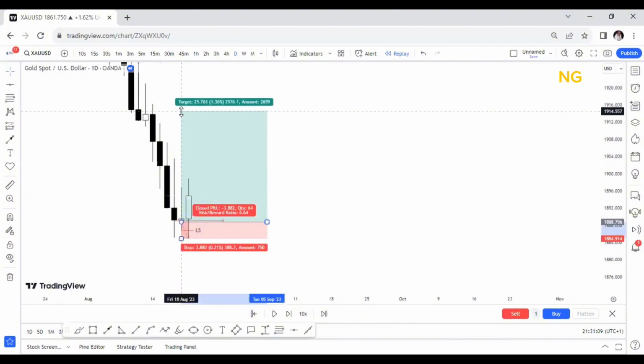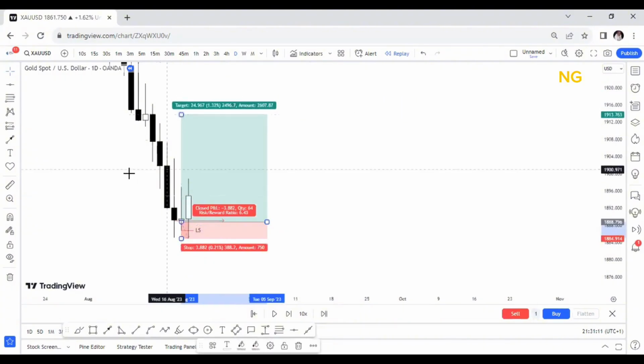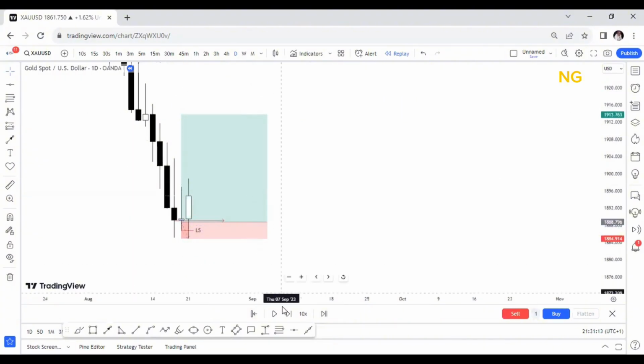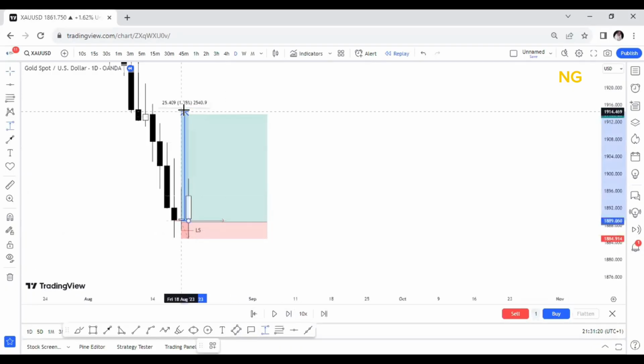Let's therefore target this fresh level in here. You are targeting almost about to this level, about 248 pips, 249 pips.